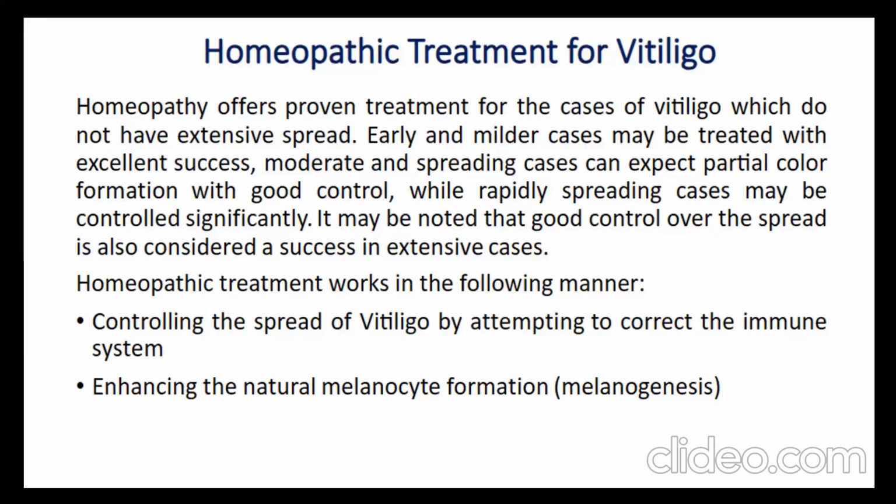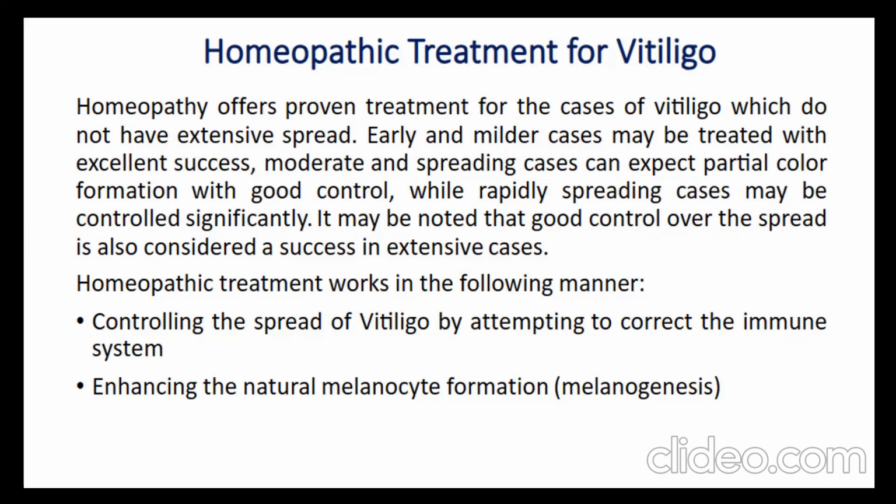So what is the homeopathic treatment for vitiligo? Homeopathy offers proven treatment for the cases of vitiligo which do not have extensive spread. Early and milder cases may be treated with excellent success.